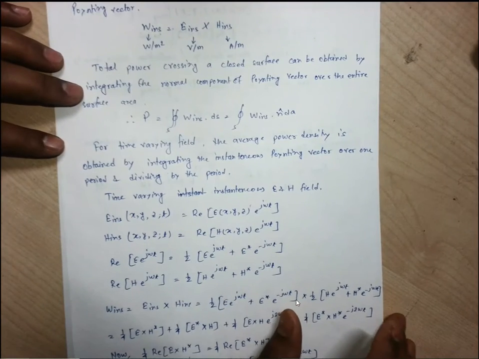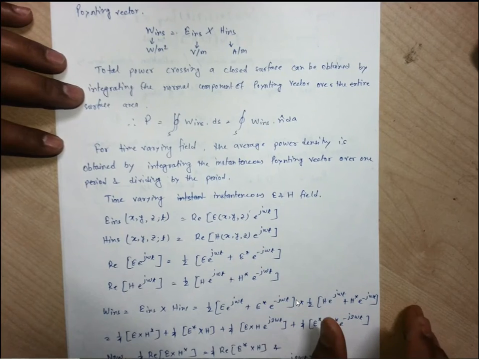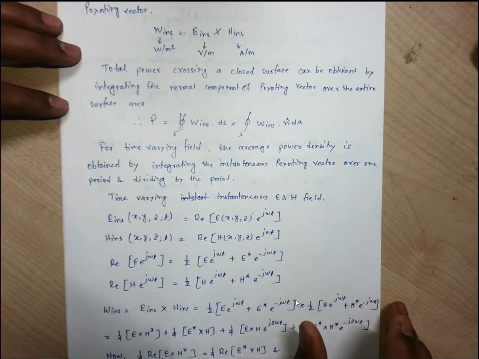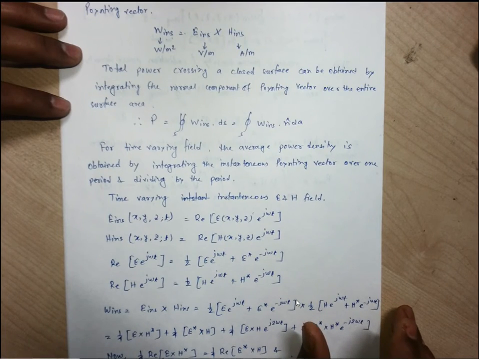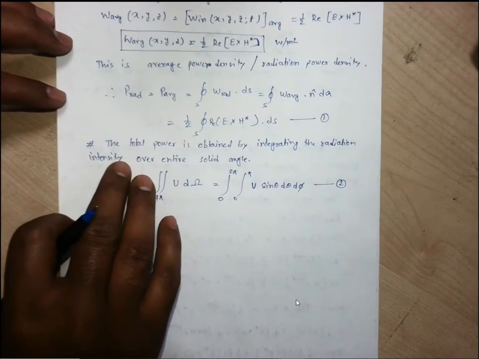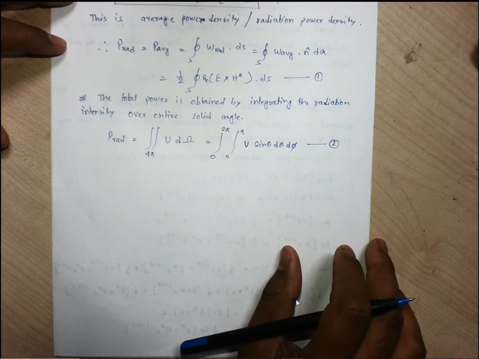So in the last class we have seen radiation intensity and how this radiation intensity will give you the amount of power being radiated from the antenna. If we have the knowledge of this radiation intensity, we can find out, by going with the specification of that antenna, in which directions we are having the radiation.